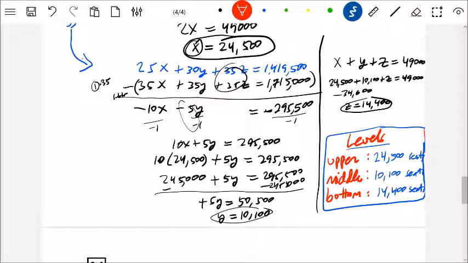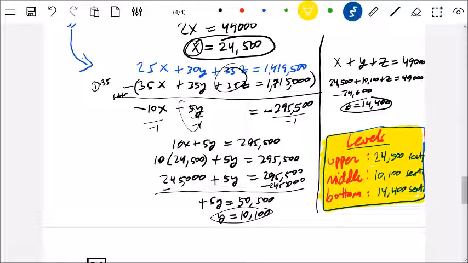So 24,500 for the upper level seats, and 10,100 for the middle, and 14,400 for the bottom. Okay, I'm going to show that this is the answer. So this one wouldn't be in the coordinate point form because it doesn't make sense here. What makes sense is to state them in a sentence or to list them like this. At least I like a list like this.